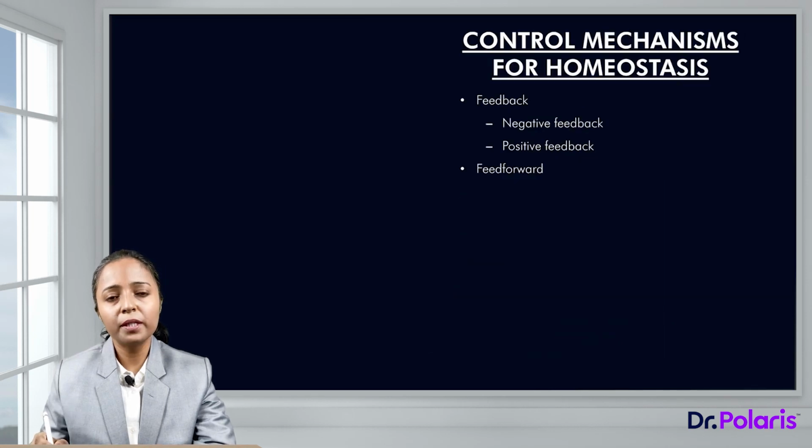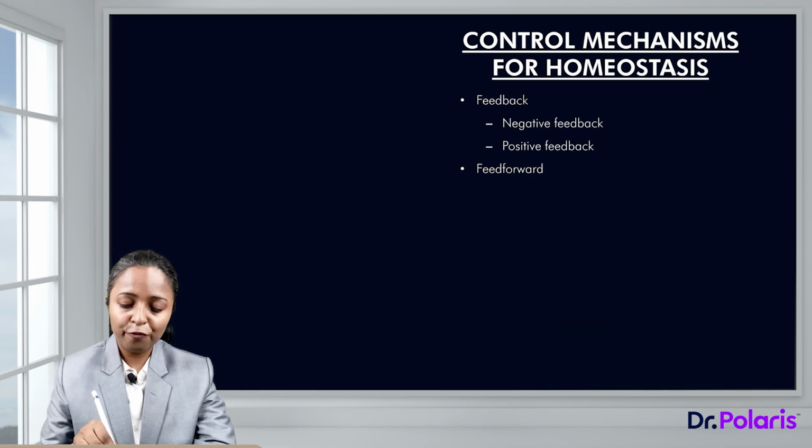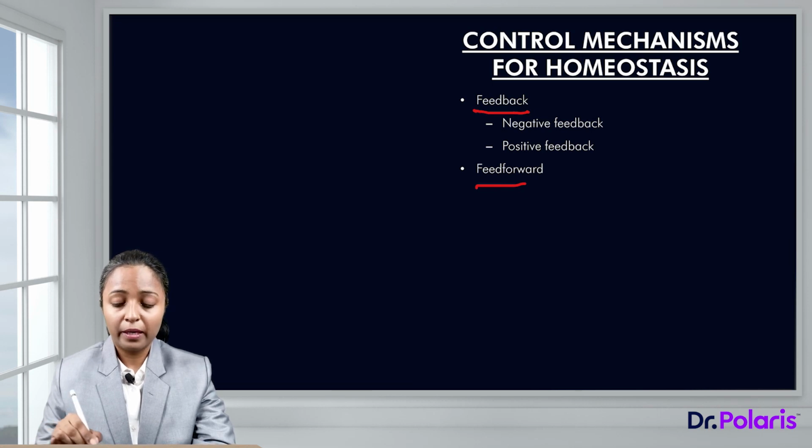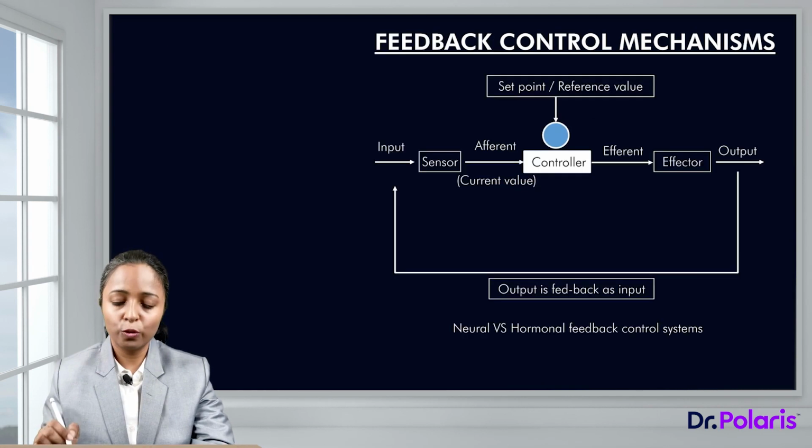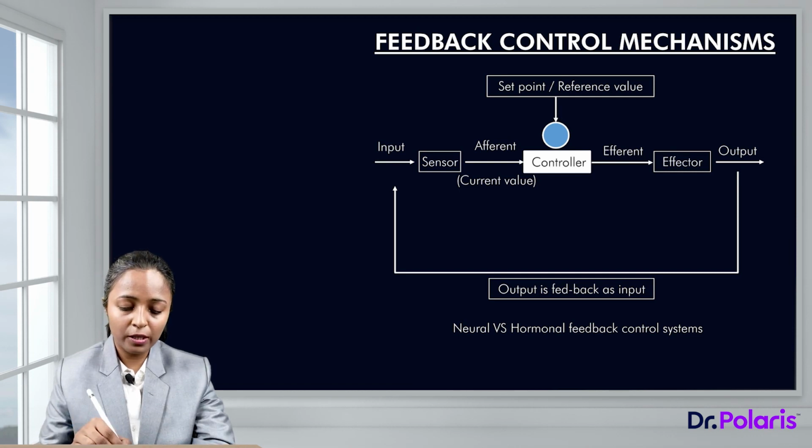Now, these components of the control system act in various ways, and these ways are feedback mechanisms and feed-forward mechanisms. In feedback mechanisms, we have negative feedback and positive feedback. Let's see these one by one. So this is an example of a feedback control system. Here is the input which is sensed by the sensor.